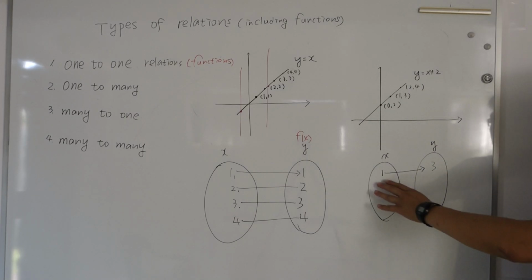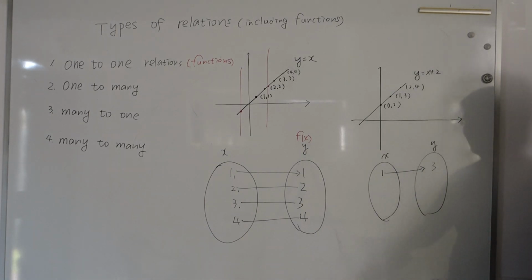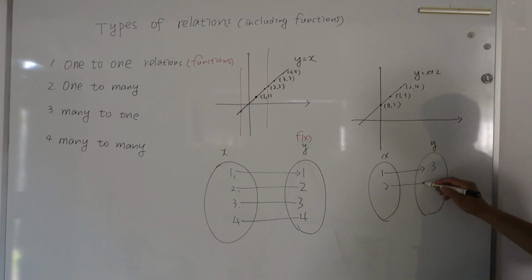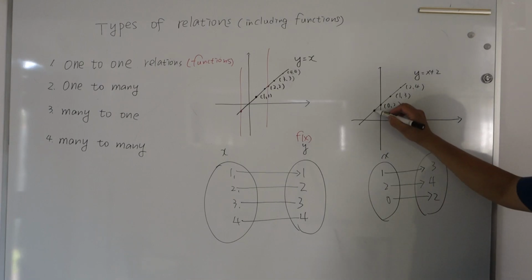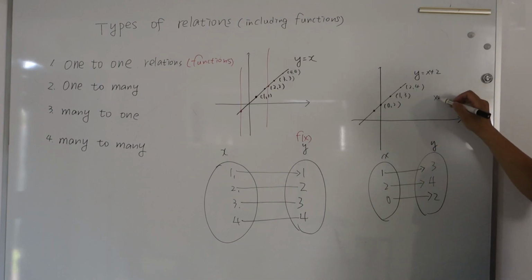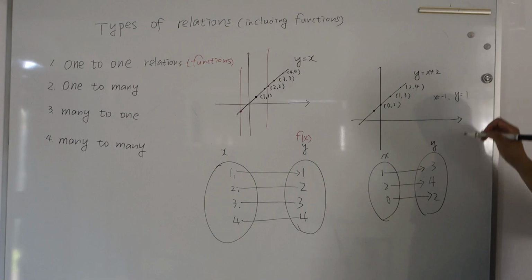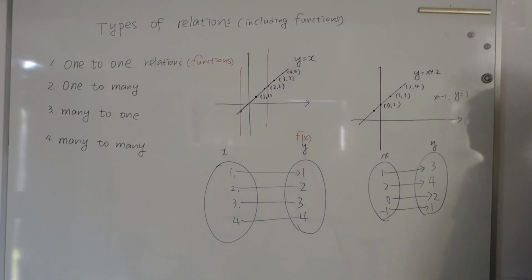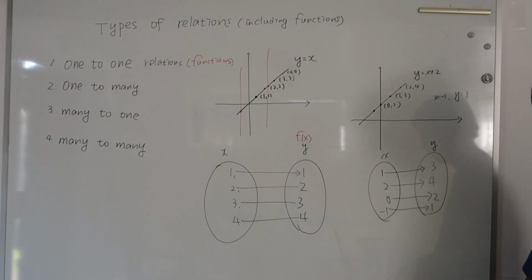When x equal to 1, you can't find another y equal to other numbers, only 3. 1 to 3, 2 to 4, 0 to 2. When x equal to negative 1, y only equal to 1. Always one to one, alright? This one is called a one-to-one relation.